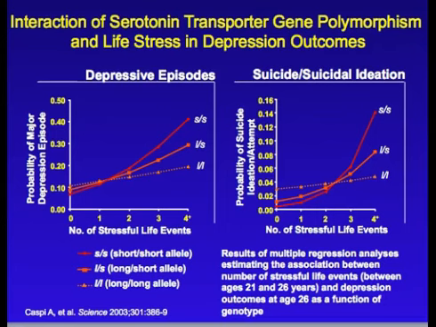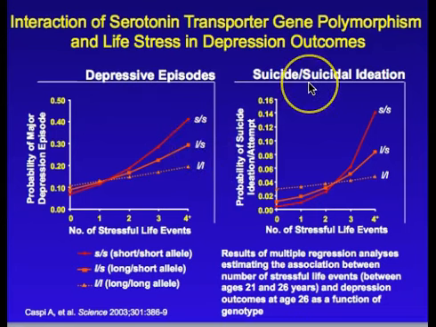What you see when you have homozygotes of the short allele, they're predisposed to depression. And so when given a number of stressful life events, as these increase, individuals with the short allele actually end up having a higher incidence of depression. To the contrary, the individuals with the long allele, those homozygotes, are relatively protected from depression, with the heterozygotes intermediate.